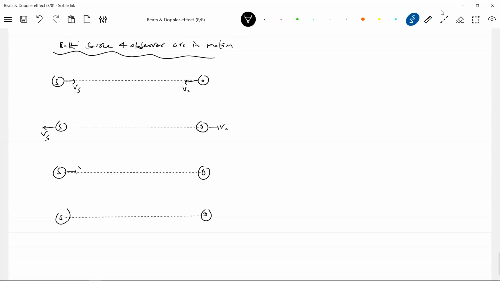Next, source follows observer. Observer follows the source. So the source will generate a signal at frequency f, and it will be received at f dash.